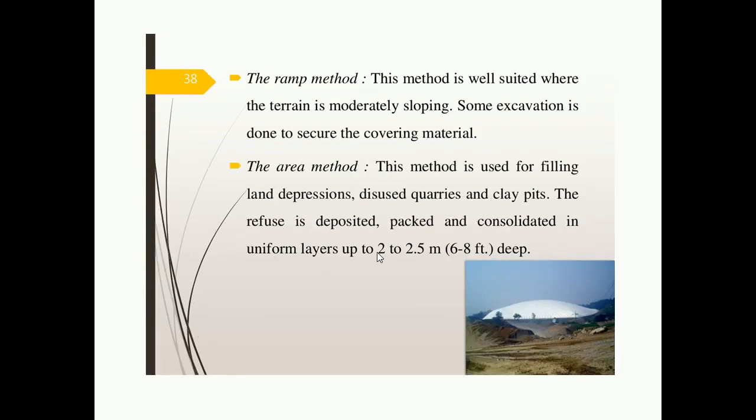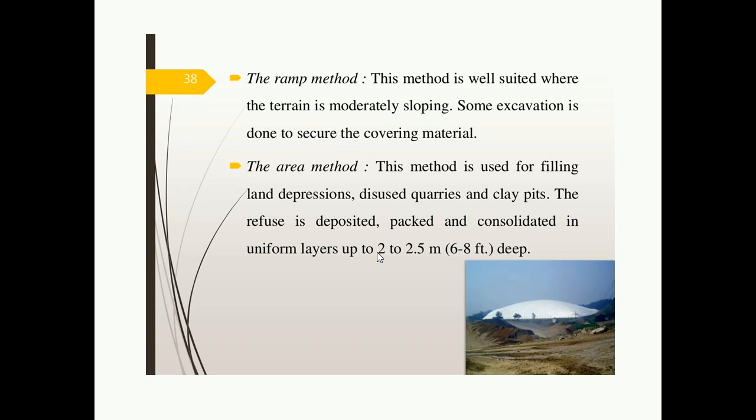Next, the second one, the ramp method. We are observing a ramp-like, slope-like structure; that is the ramp method. This method is well suited where the terrain is moderately sloping.